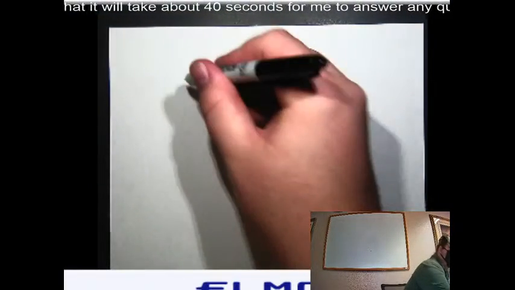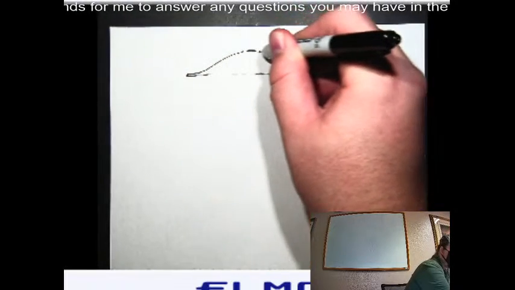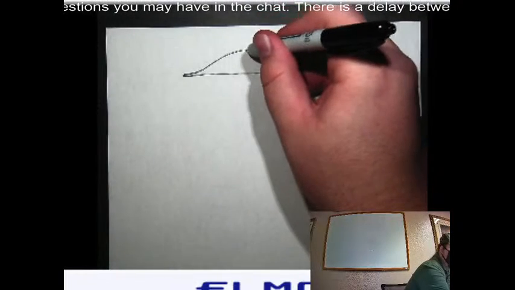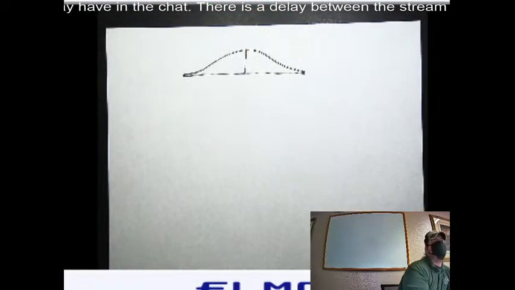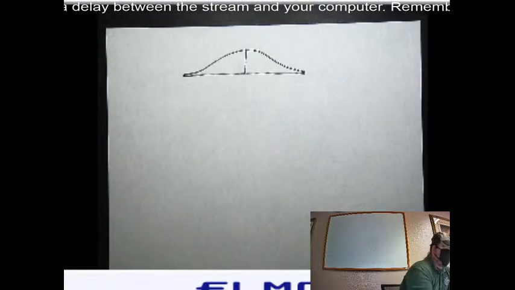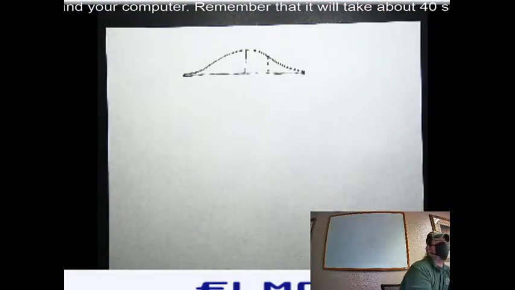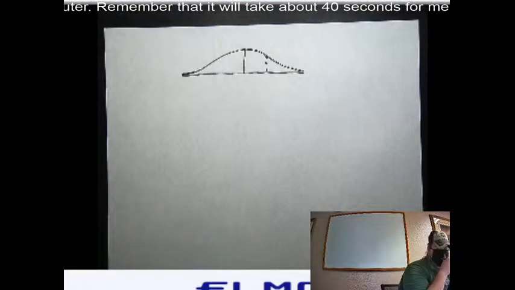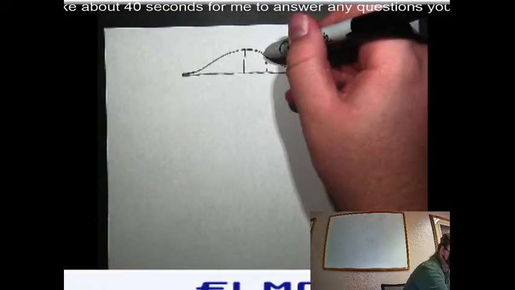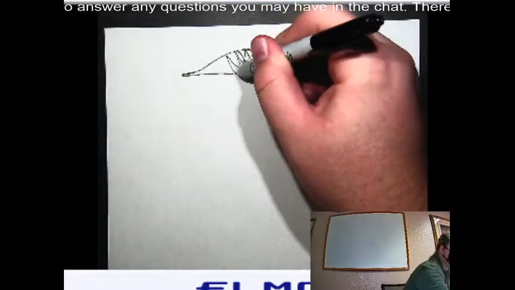Okay? Same idea. Normal distribution. And of course, mean, median, and mode are all there in the middle. And I've got an x value here, but I don't know what the x value is in this one. Instead, what I know for this one is the probability.